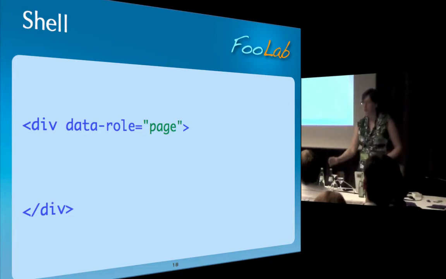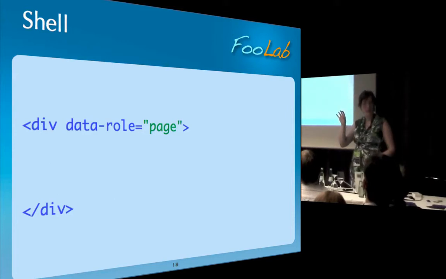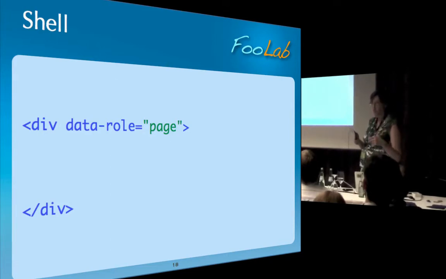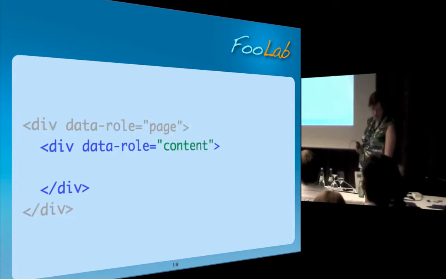So after you put the JavaScript files and CSS in the head, in the body you start with a div container, data role page, and it will tell you that everything that goes inside this container is part of a single page, and you can have multiple pages in the same document. I will show you later. By the way, complete examples will be in GitHub, so later I will give you a link and you can download that and mess with it.